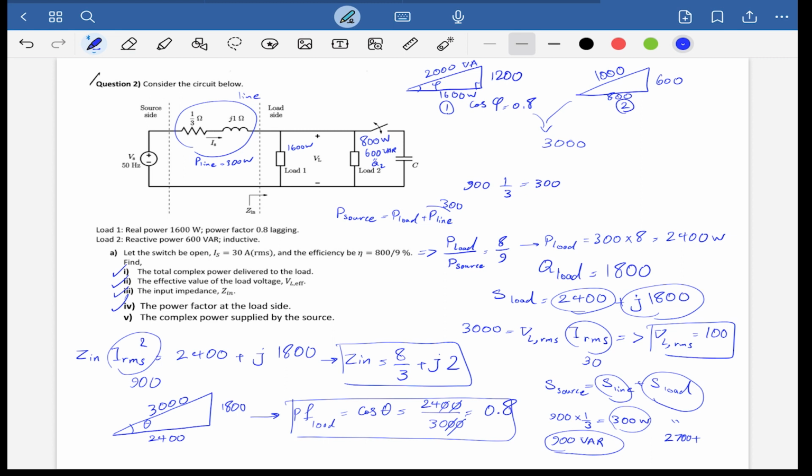Again, it will be 2,700 plus J2,700. We also found this part as well. Now let's go to the part B when the switch is closed.